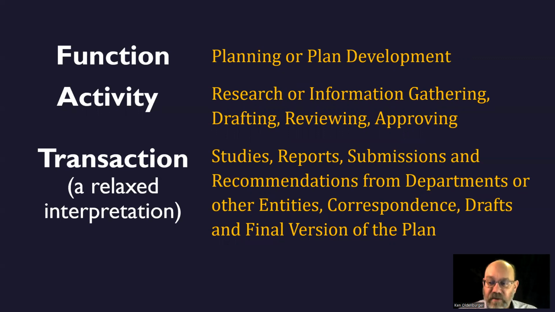So these are activities that happen. Each one can have different transactions. Again, this is a relaxed interpretation of the definition. You see some studies, some reports, submissions, and recommendations from departments or other entities, some correspondence. Obviously, you're going to have drafts, and you're going to have the final version of the plan.